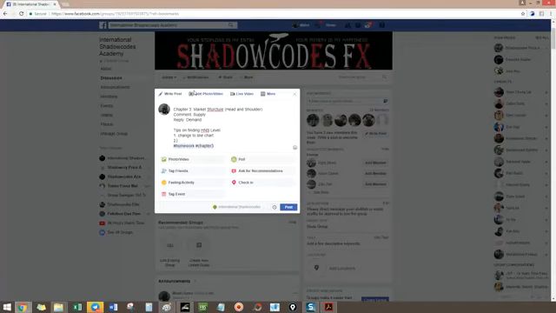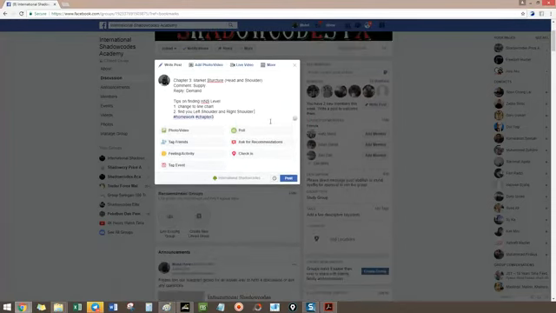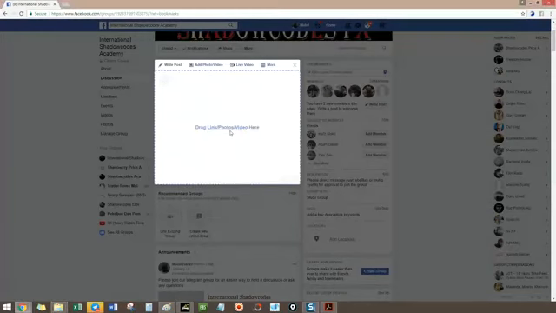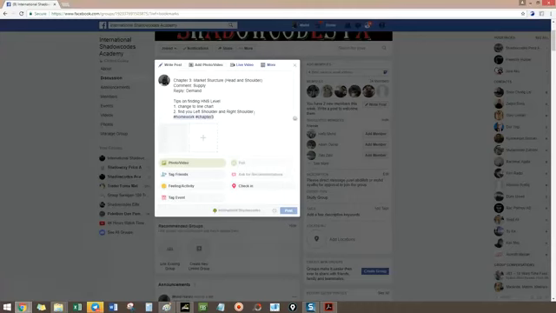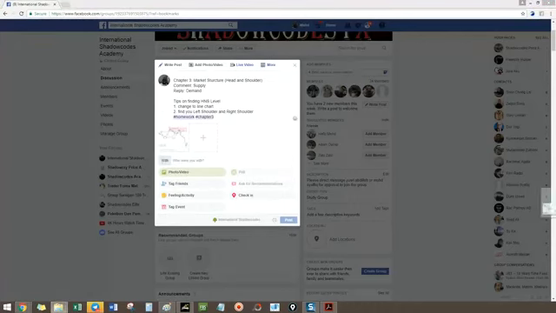Second, find your left shoulder and right shoulder. Okay, let's try this one here and one here.